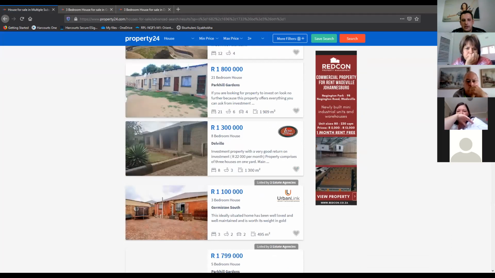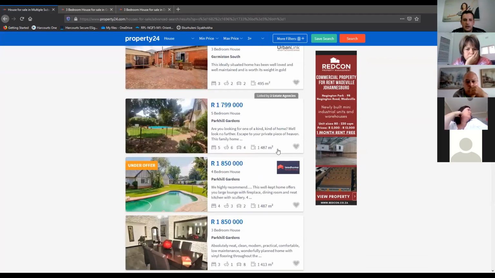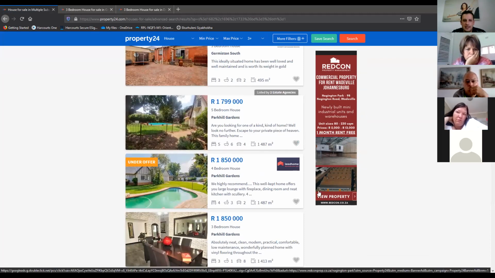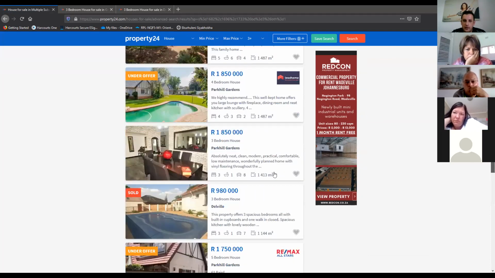Remember, we're looking for 3-bedroom, 1-bathroom. There's a Park Hill Gardens, 5 bedrooms, 6 bathrooms, 1.7. Park Hill, 4-bedroom, 3 bathrooms. Wait, here's one in Park Hill, 3 bedrooms, 1 bathroom for 185.